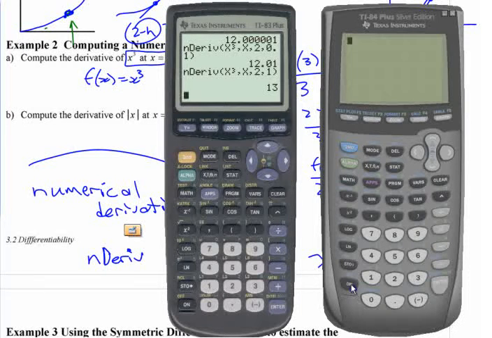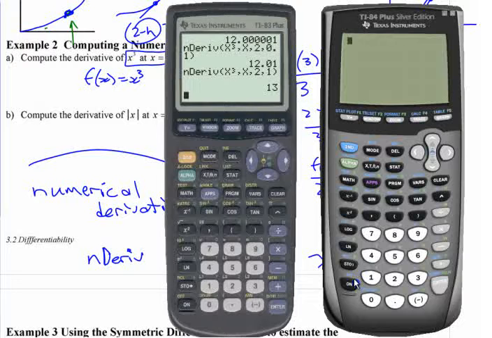On this other calculator, if you have an 84 with a more recent operating system, which you can update if you want, numerical derivative looks different, but it looks like the way you would write it. This is how you'd write it.